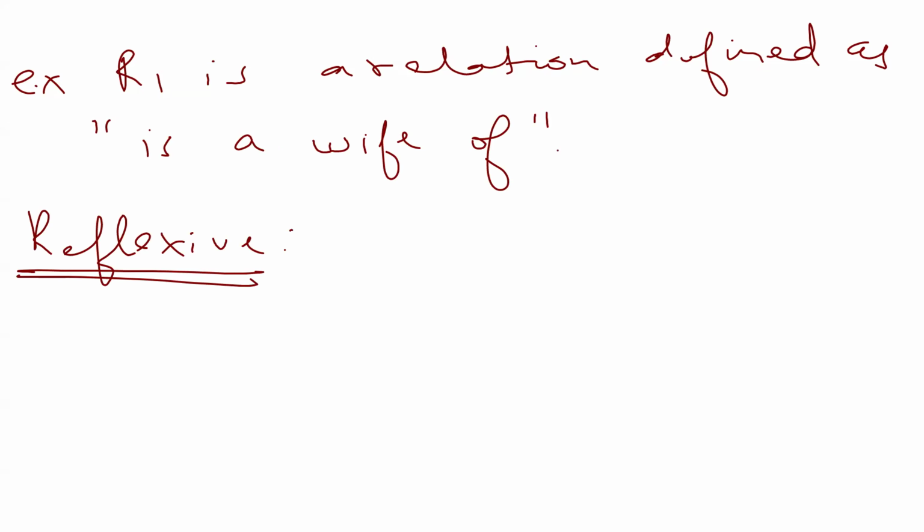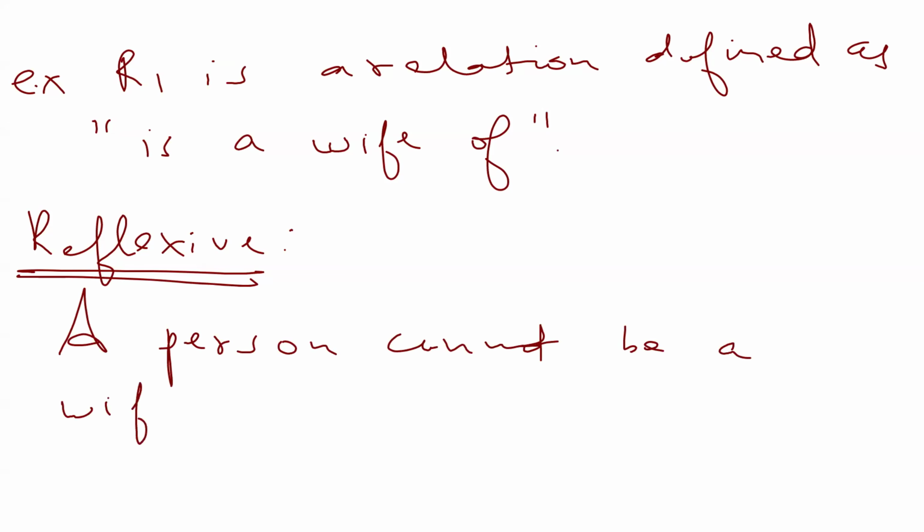Reflexivity says the object should be related to itself. So is a person a wife of himself or herself? No. A person cannot be a wife of itself. Therefore, not reflexive.